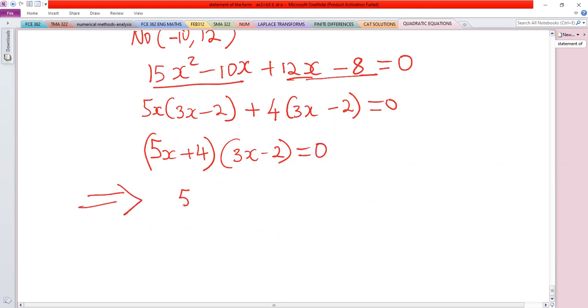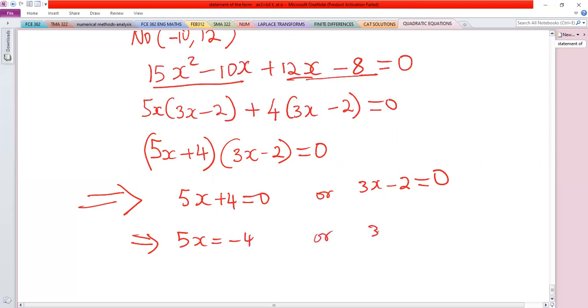This implies 5x plus 4 is 0, or 3x minus 2 is 0. Just applying the zero product property of real numbers. So which implies 5x equals to minus 4, or 3x equals to 2.